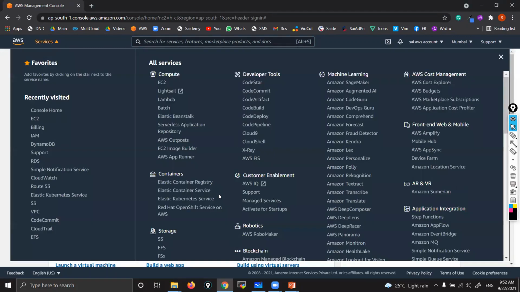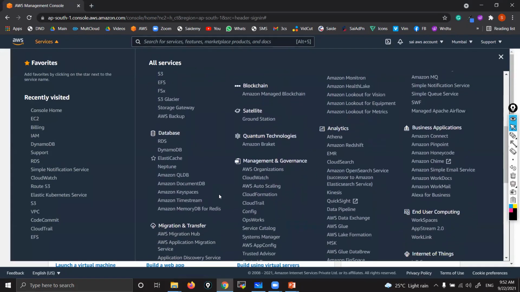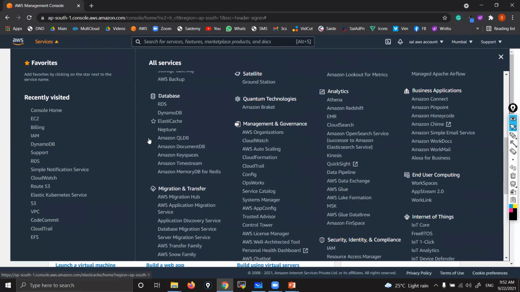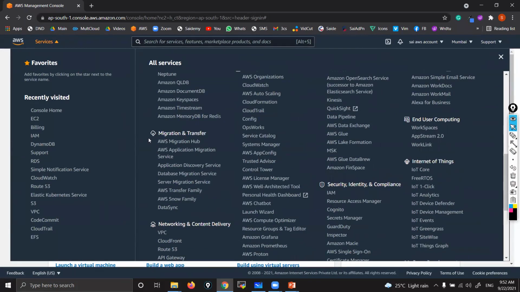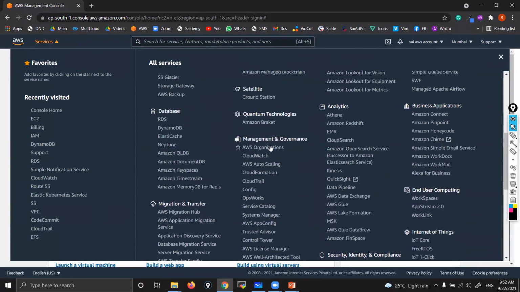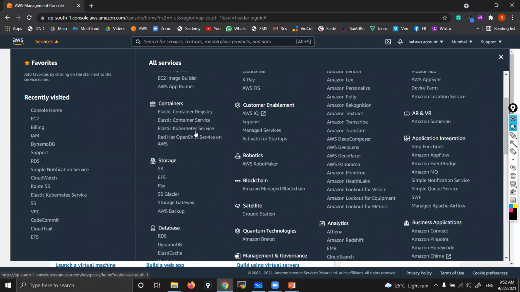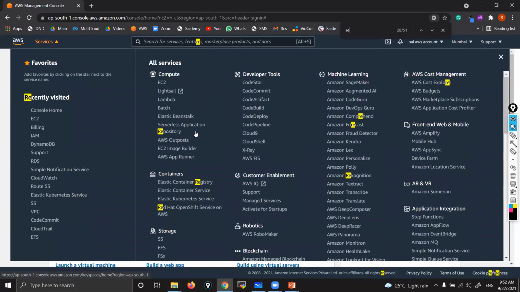Here you can see under services, database, ElastiCache. Redshift they changed to some other location. Someone said analytics. It is there in Amazon Analytics.